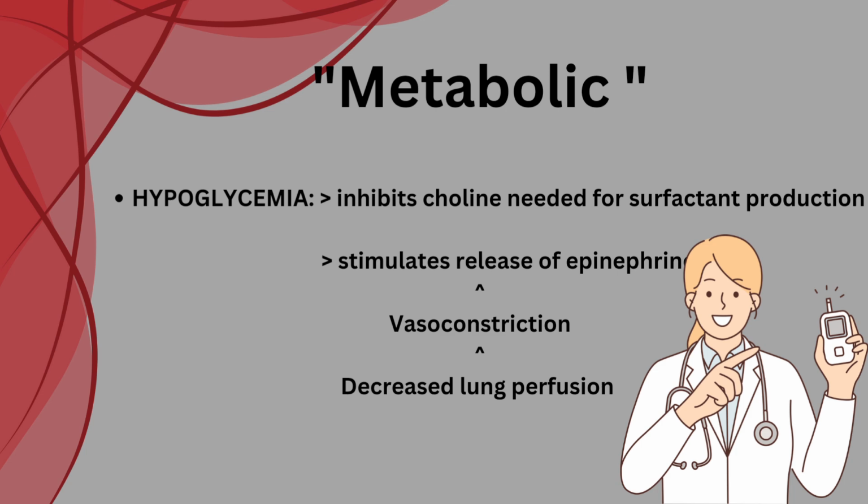And if there's vasoconstriction, there can be decreased perfusion into the lungs, which will then eventually lead to respiratory distress. So those are some of the metabolic causes of respiratory distress in an infant of a diabetic mother. How you manage it is that you treat the hypoglycemia as we have discussed before.